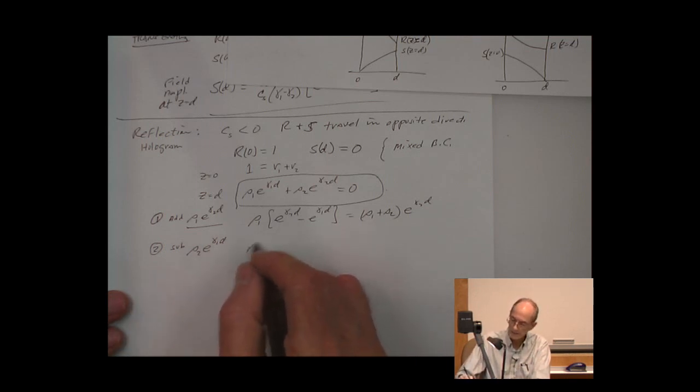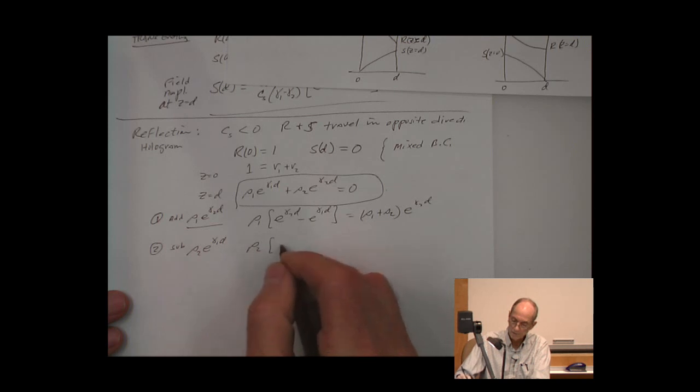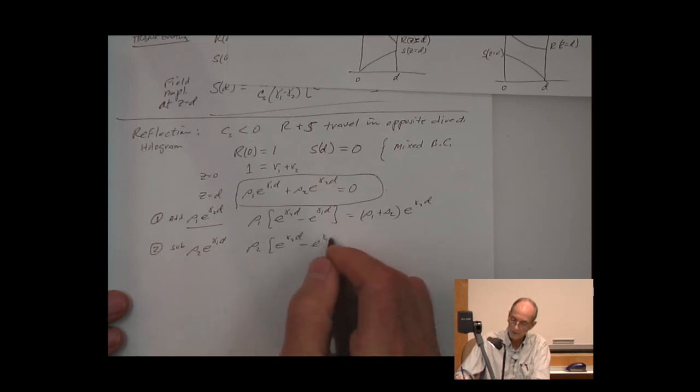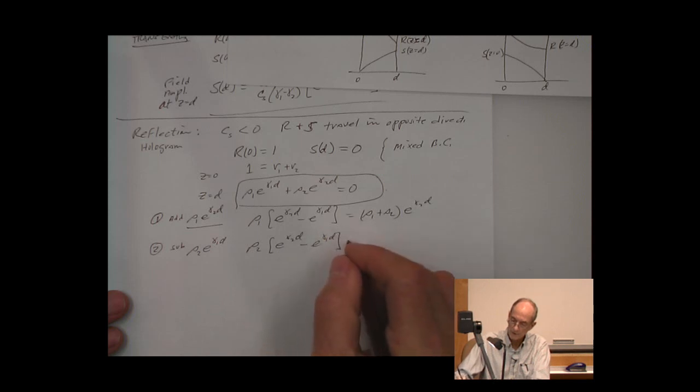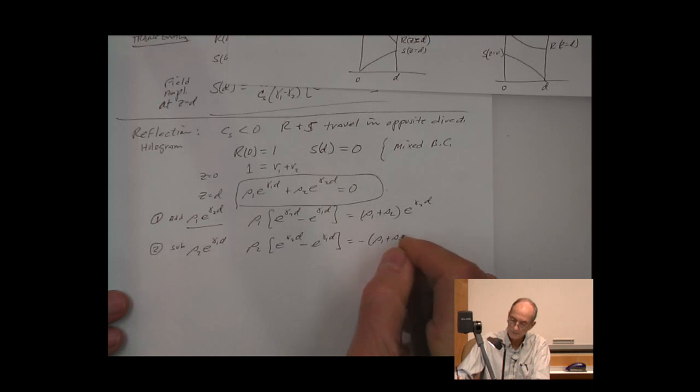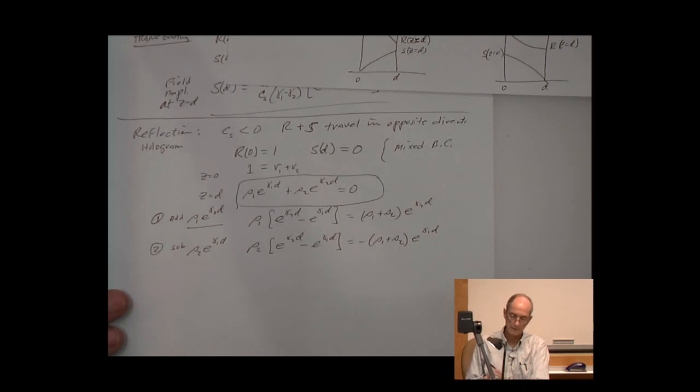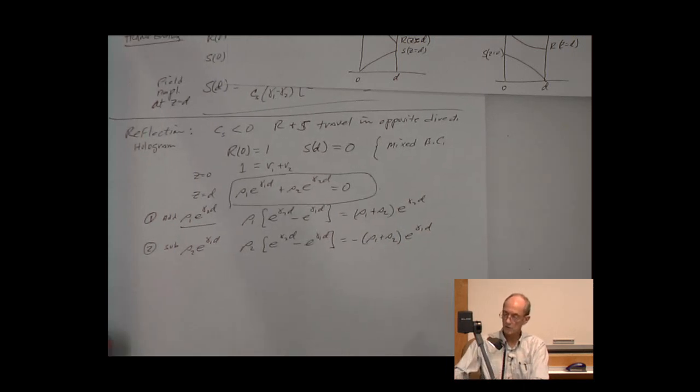And in that case, we have S2 times e to the gamma 2d minus e to the gamma 1d equals minus S1 plus S2 e to the gamma 1d. Okay? So these are all constants.